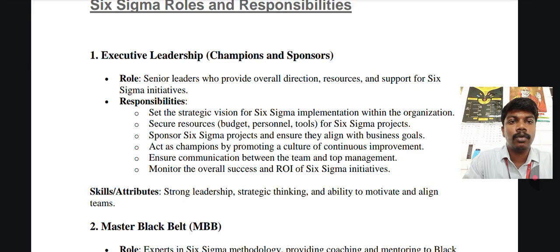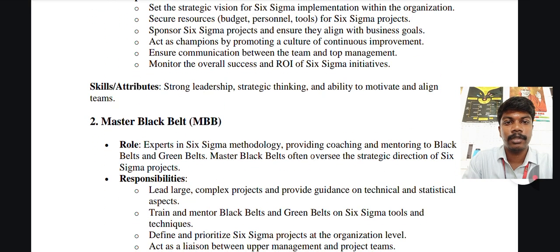Next, secure resources like budget, personnel, tools, and projects. Next one is sponsorship, then act as a champion, for example, act as a leader or captain. Likewise, next one is ensure communication between the team and top management. Next one is ROI and system incentives.